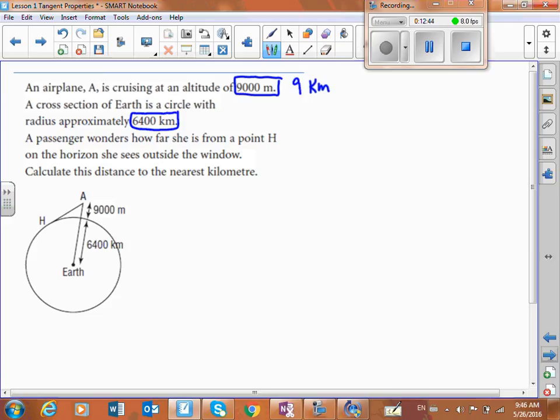You'll notice that the word tangent isn't in the problem. We haven't said that we have any tangent lines, but we do have to use our limited knowledge of science here. We understand that the horizon, the H, stands for that one point where you can see the sky connect with the Earth.